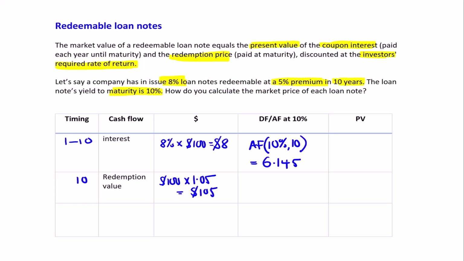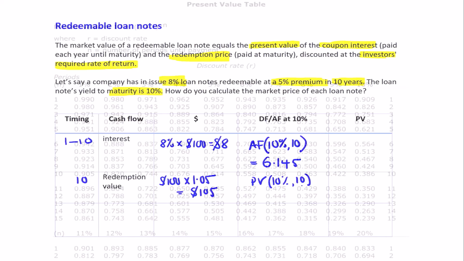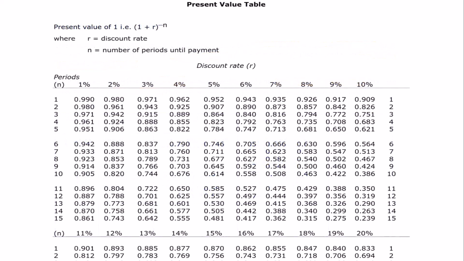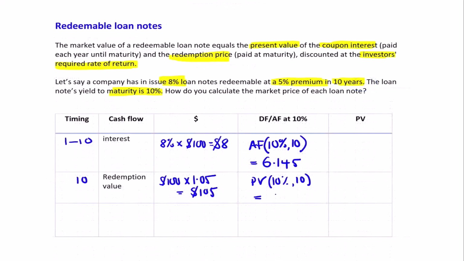We now need to find the present value factor for the redemption value, because that comes in at the end of year 10. Again, that will be at 10% for year 10. So here we have the present value table, and again we take 10% for year 10, and the value is 0.386.